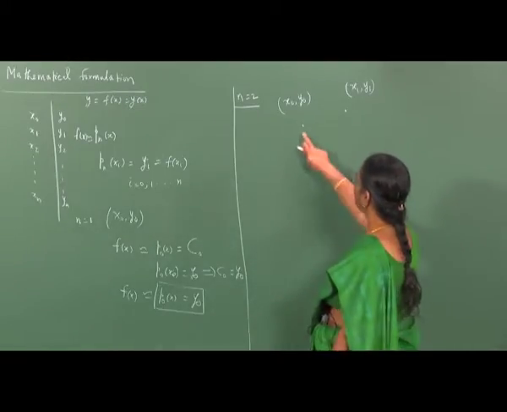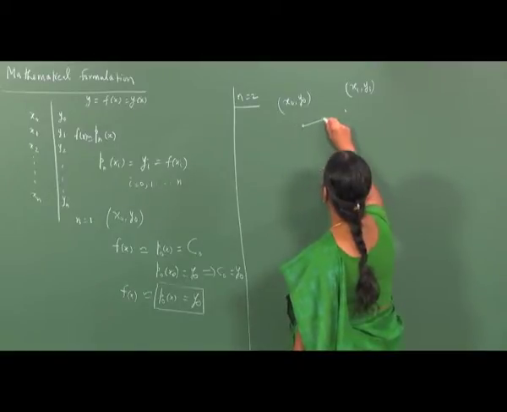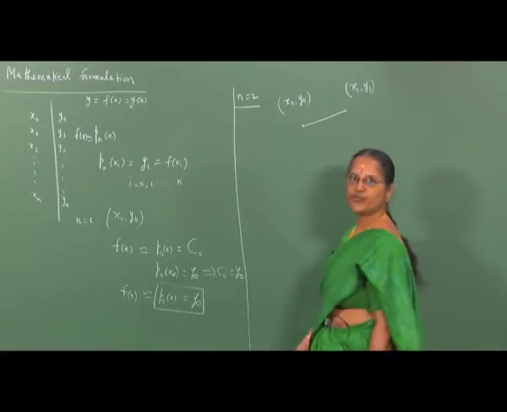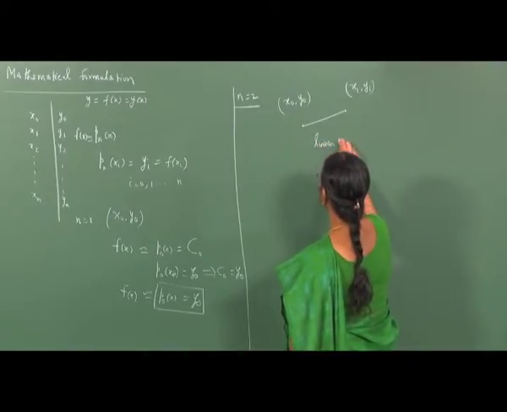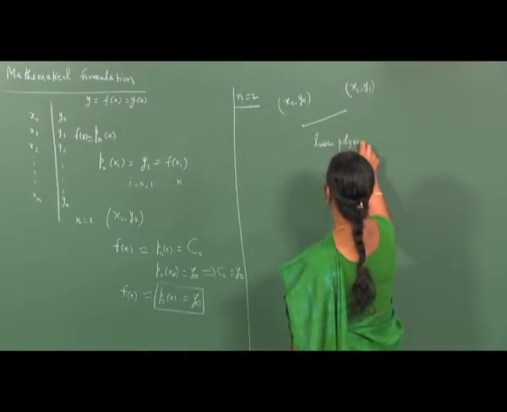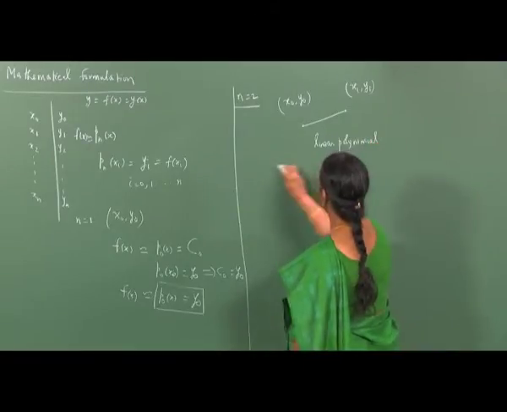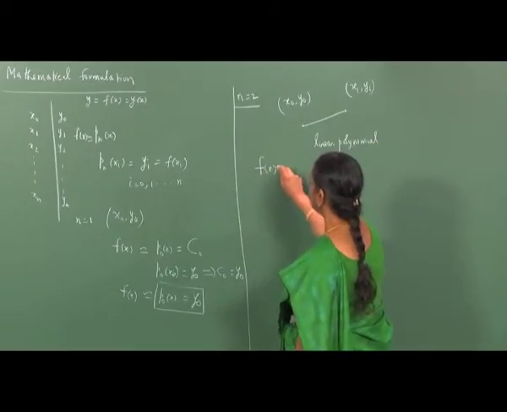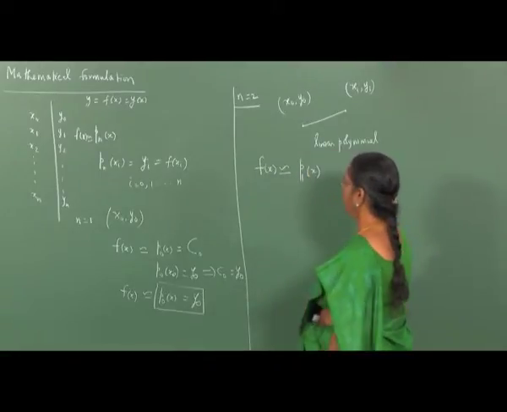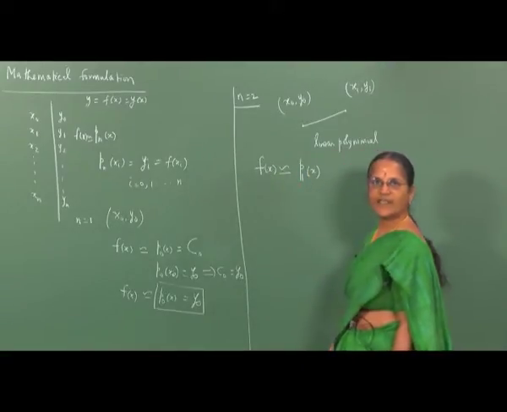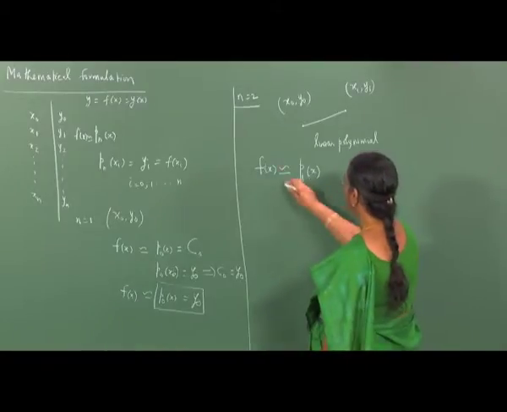So, given 2 points, I can fit a straight line passing through these 2 points, so that I can look for a linear polynomial of degree 1. So, in this case I can construct a function p1 of x of degree 1 that approximates the function f of x with the property.